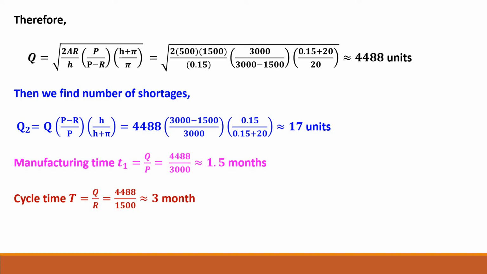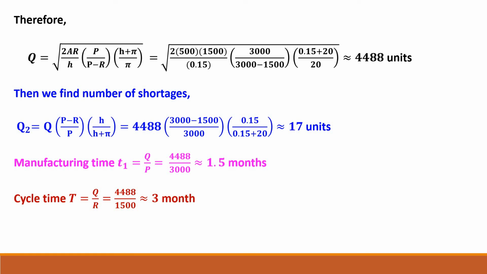The number of shortages Q2 is equal to Q into P minus R by P into H upon H plus pi. Plug in the values of the inventory parameters and the value of Q. We get the number of shortages to be 17 units.